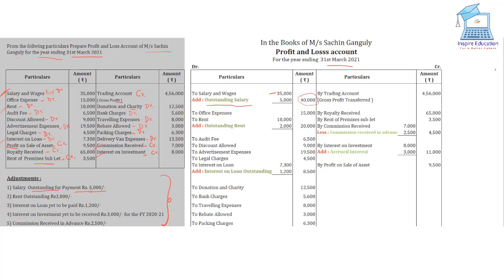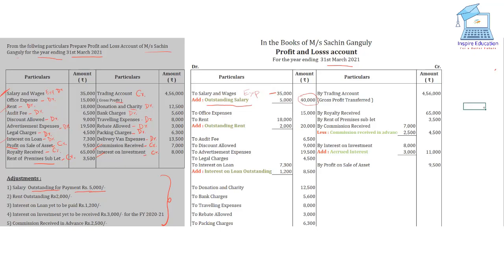This liability, please clarify. It is not a liability. Yes, it is a liability. See, salary and wages is what? Your expenses. And outstanding salary is what? Outstanding salary means this amount you have to pay in upcoming days.